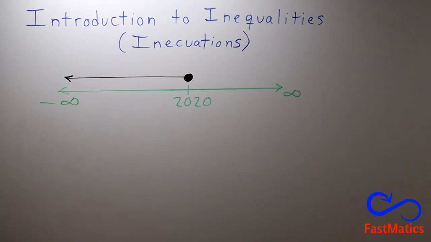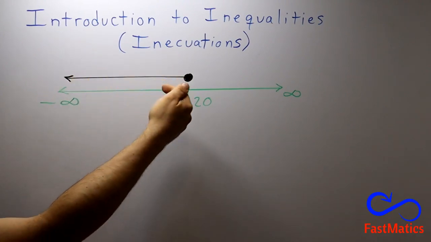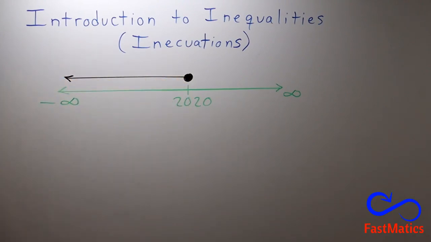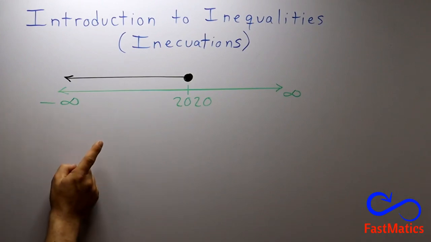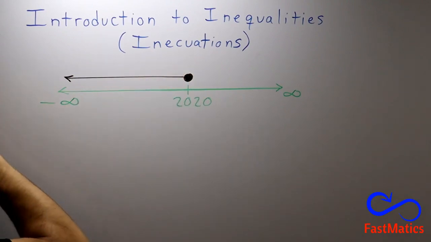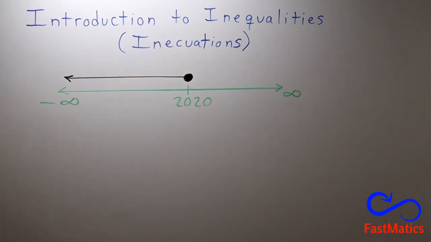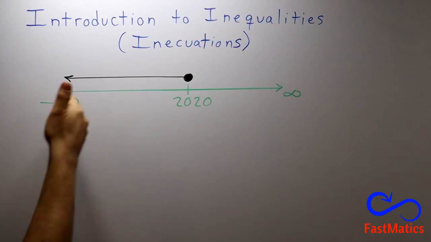How do we represent the years from the beginning, from the whole eternity, to the year 2020? Well, let's draw the number line, and after that an arrow to the left. You will always draw the arrows to the left or to the right, to the negative infinity or to the positive infinity. And you're going to read that from left to right.